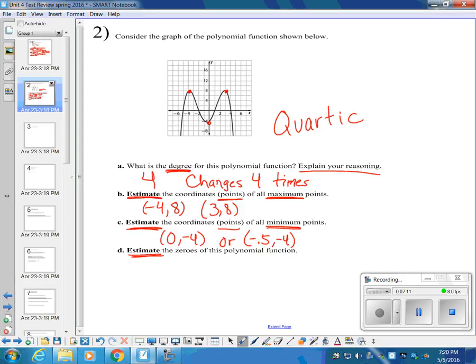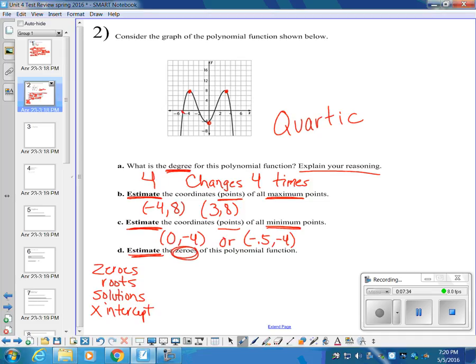It's not directly on the y, but we're estimating. Estimate the zeros. Zeros are the same thing as roots, solutions, x-intercepts. So now where does it cross the x this time?